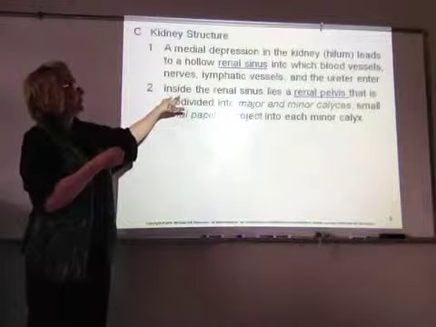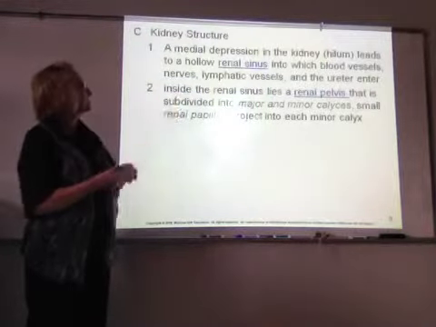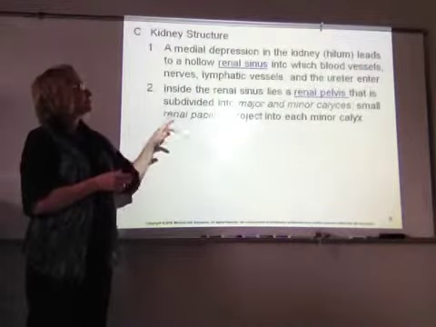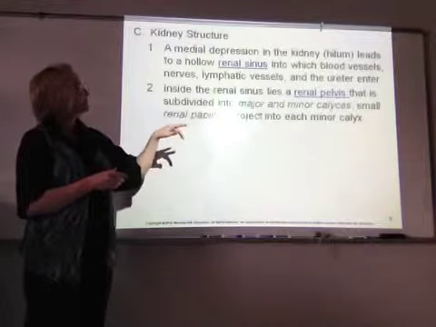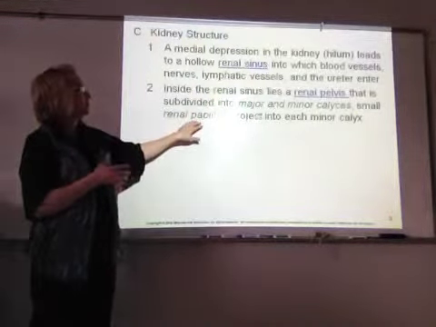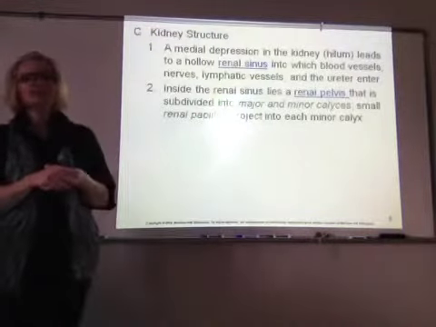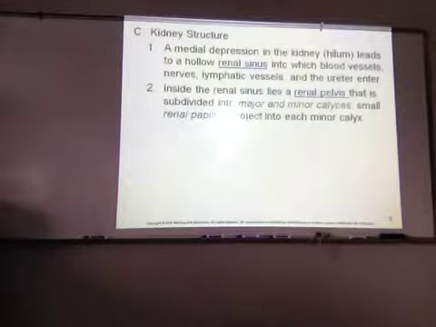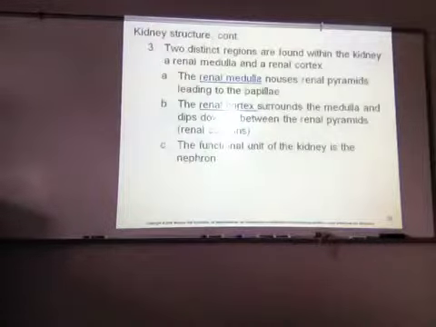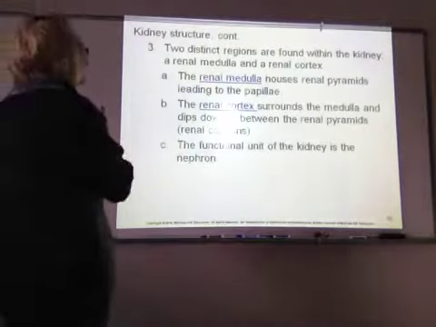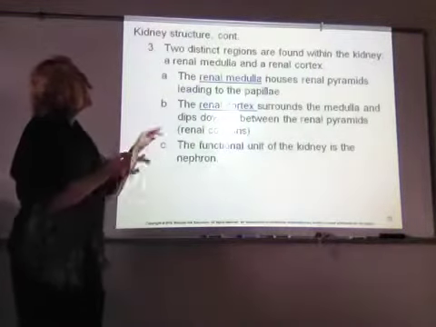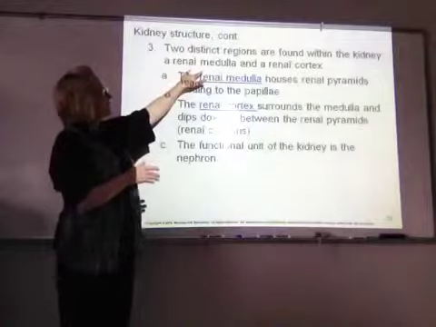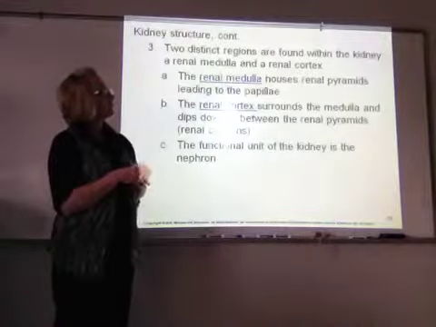Inside the renal sinus is the renal pelvis, and that's divided into major and minor calyces, and then there are small papillae that project into each of those individual calyces. When we cut open the kidney and look inside, there's a renal medulla and a renal cortex.